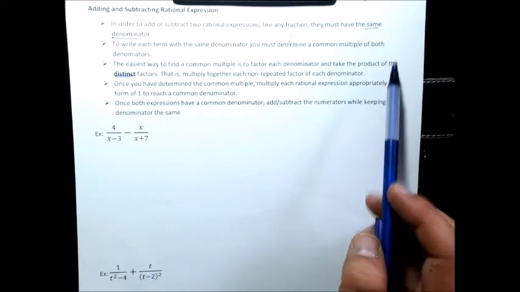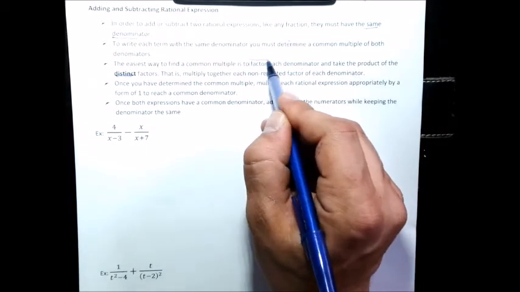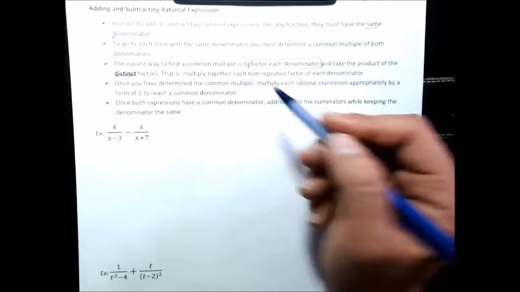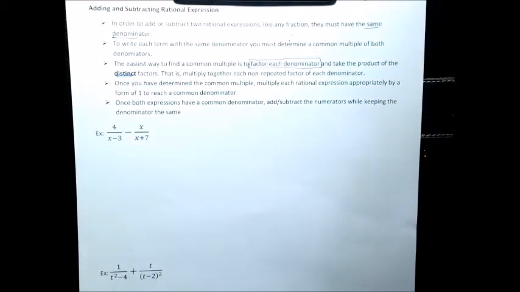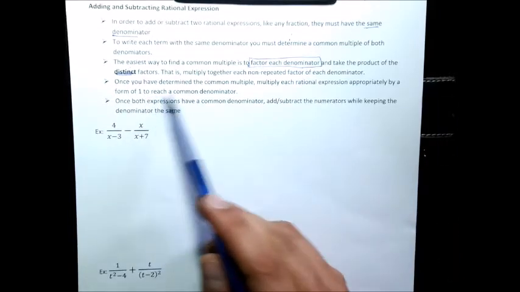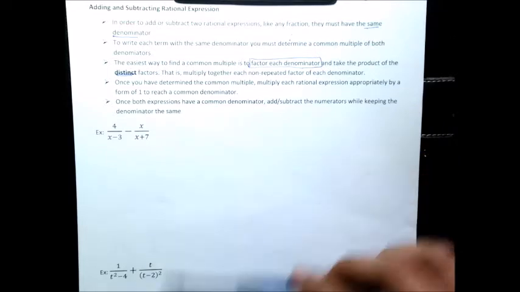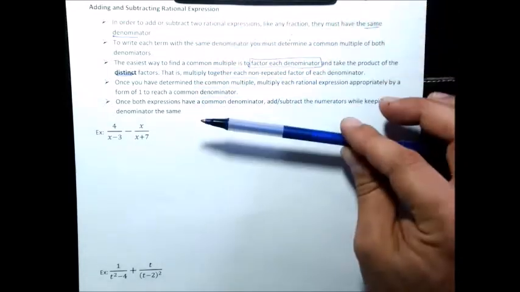We'll look at what I mean by that. But we're going to be looking at the factors of the denominator, which means we need to factor it, right? Once you have the common multiple, you just make sure both pieces have that by multiplying by the common form of 1 to reach that denominator. I know this is a bunch of not helpful instructions, but I think once we do a couple and you go back and read these later, it'll be helpful.